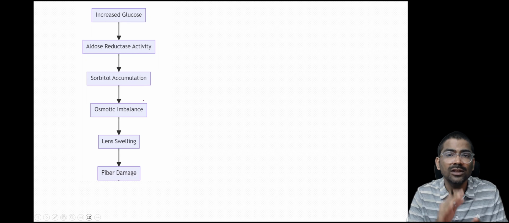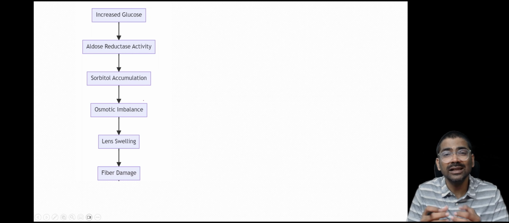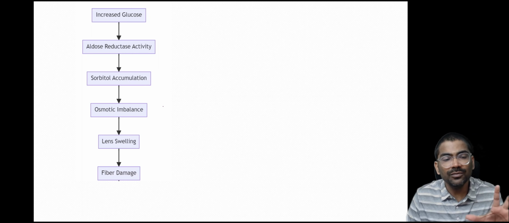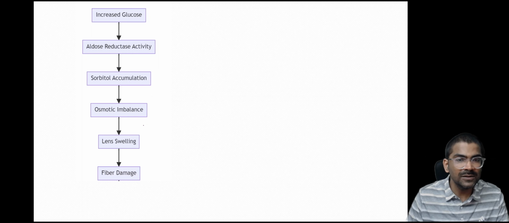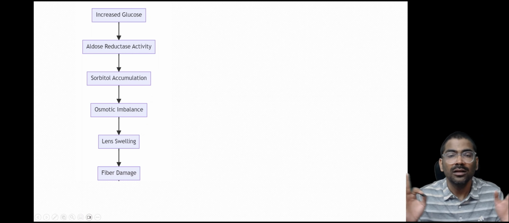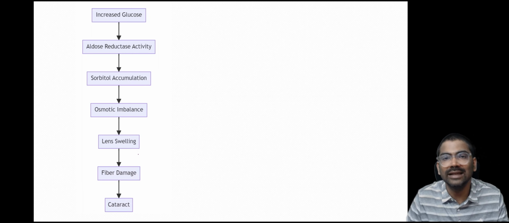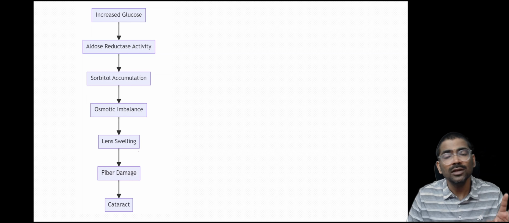The transparency of the lens is due to the regular arrangement of lens fibers. Because of this osmotic imbalance and water accumulation, the transparency is gone, so you get cataract. This is the major reason.